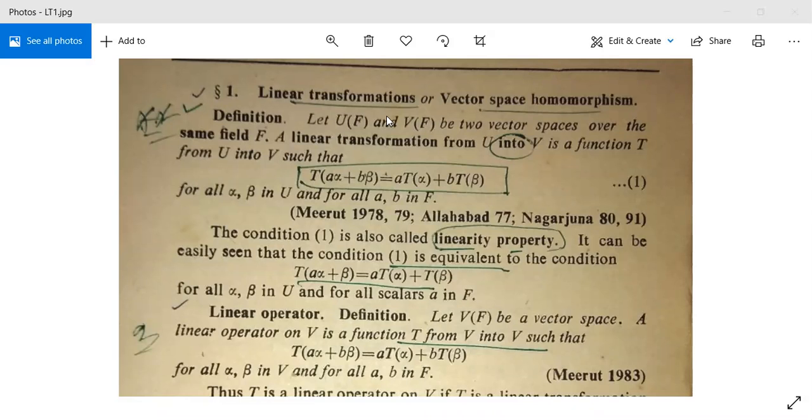Now your next topic is linear transformations, also called vector space homomorphism. See its definition.